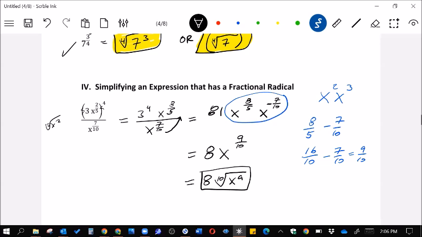This one's probably usually considered the more simplified one, but I'm not averse to accepting this one at this point. So I'll accept both of these right now, unless it says different. If it says not to use fractional exponents in your answer, then do not, you leave it as a fraction, change it into the radical.